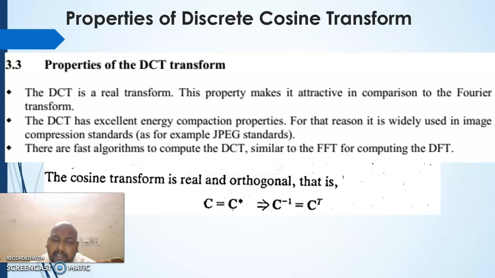It also has an excellent energy compaction property, which is a very important property of DCT, since the image is framed with real component coordinate values. Due to this reason, it is widely used in compression, for example in JPEG.